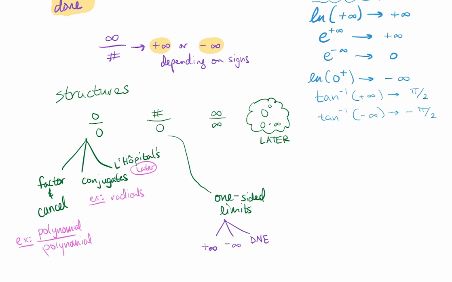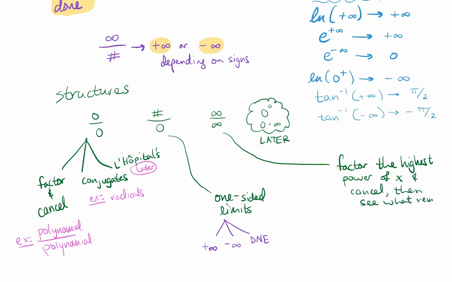If you see infinity over infinity, there are 3 common techniques for this. There's factor out the highest power of x and cancel, then see what remains. This is the technique that I recommend until you have the L'Hopital's technique at your disposal.